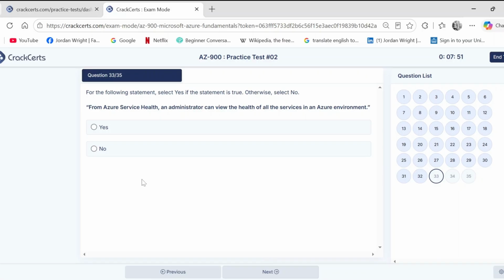Okay, from Azure Service Health, an administrator can view the health of the services. I think so. Of course they can. Yeah. I can create a role. Yeah, I think so. I would say so.